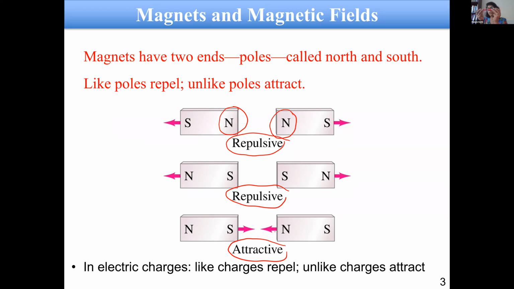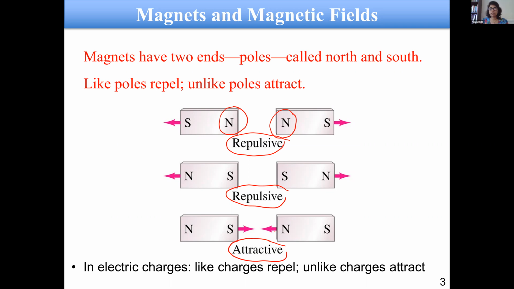I cannot bring them together because there is a field in between these two that will repel each other. But if I bring the south and the north, they are going to attract each other. I don't even want to push it. When I keep it here, it will go together and stick together. So that's basically what we call poles.